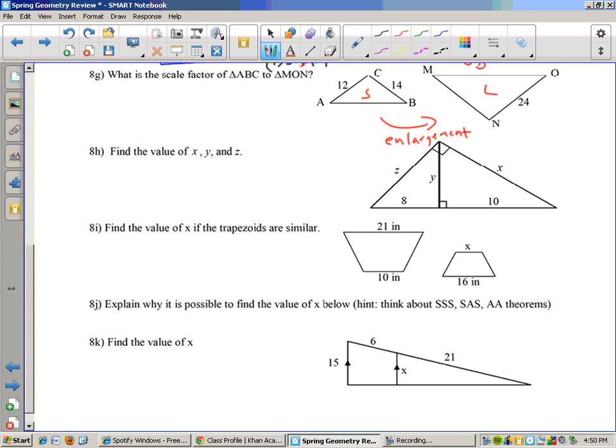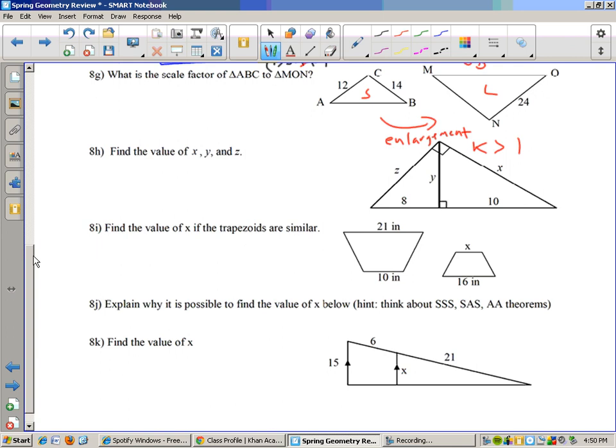And if it's an enlargement, then we know that K has to be greater than 1. K has to be greater than 1. So that we're going to use just to check this when we're done. So what I can say is, listen, there has got to be some number that I can multiply to get from the small triangle to the large triangle.